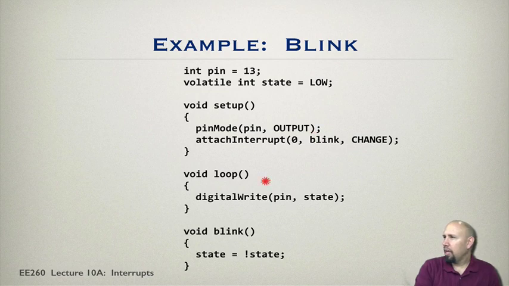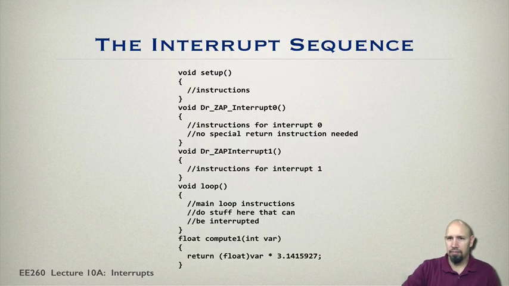Okay, so that's the blink according to interrupt service routine. Again, we have this function, in this case called blink, that is what's called our interrupt service routine. So in general, the interrupt sequence follows something like this. In this particular case, I have this setup program with some instructions. In here, I'm obviously going to define my interrupts. And then I have my interrupt service routines.